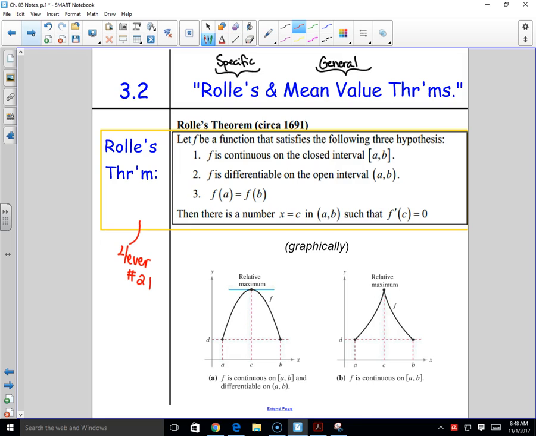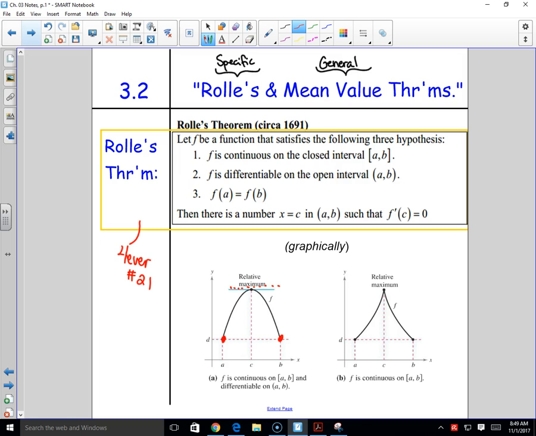And f of a equals f of b. If the heights are equal, and I know that there are smooth connections everywhere in between, and I know that the endpoints are included, there will have to be some place where the tangent line is horizontal, where the derivative is 0. There has to be some x in between a and b such that the tangent line will be horizontal.